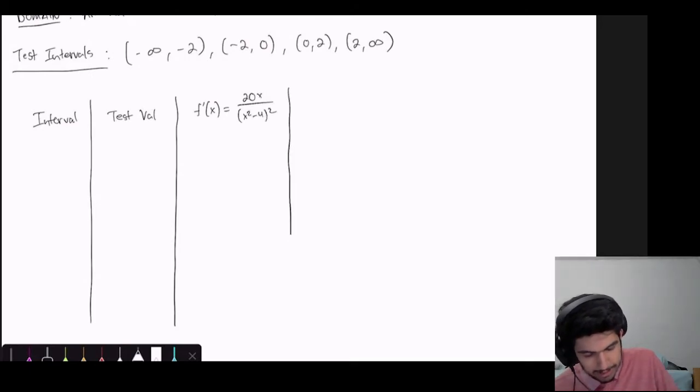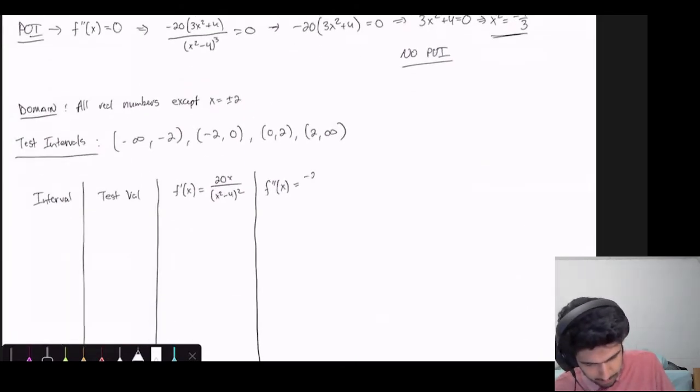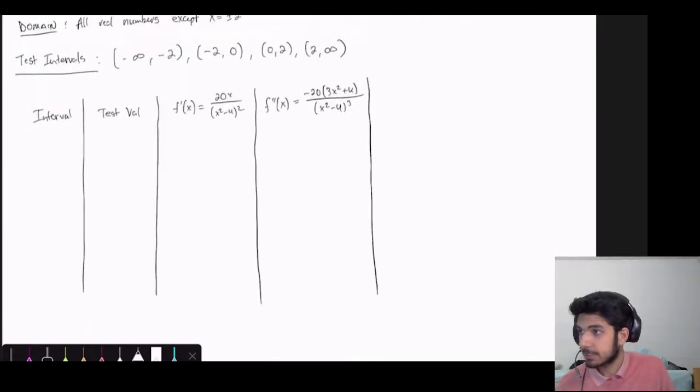And we'll look at the sign of that, because that's what's most important. Then we'll compute f double prime of x, which is equal to, I have it here, all of this over x squared minus 4 to the cube. Okay, so that's our next value. And then finally, we'll make some conclusions.